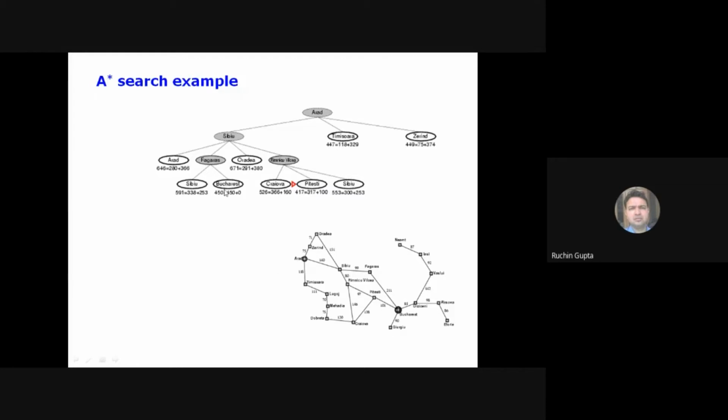And we see that Bucharest is the goal state and it has been obtained. But if you look at the node with the minimum value of f(n), it is not Bucharest, it is actually Pitesti. For Bucharest, we are getting the f(n) value 450. For Pitesti, we are getting 417.